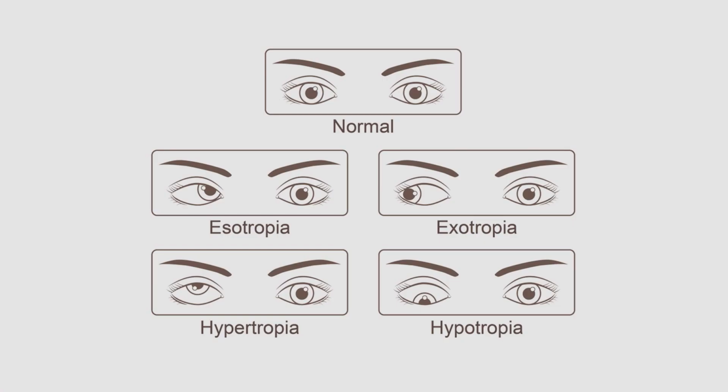In the general ophthalmology office, when we encounter a patient with strabismus, we need to decide if it's a neurological or non-neurological cause. If it's neurological, the neuro-ophthalmology team will be called. But if it's a non-neurological cause and the patient is a child, then refer to the pediatric ophthalmology and strabismus clinic.